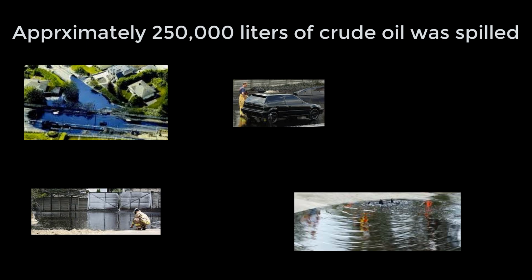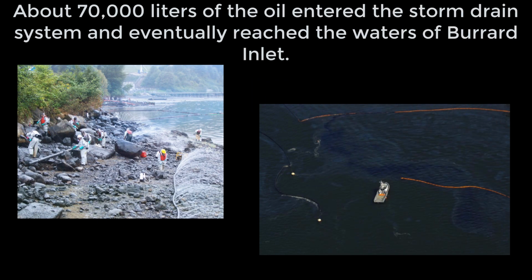Approximately 250,000 liters of crude oil was spilled. About 7,000 liters of oil entered the storm drain system and eventually reached the waters of Burrard Inlet.